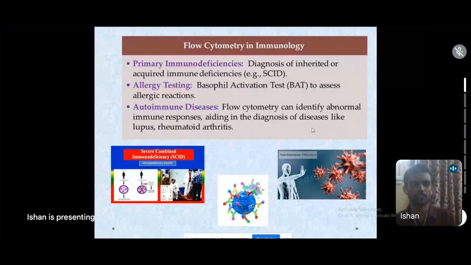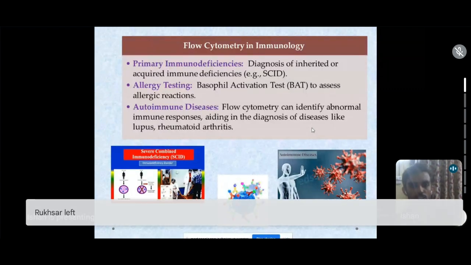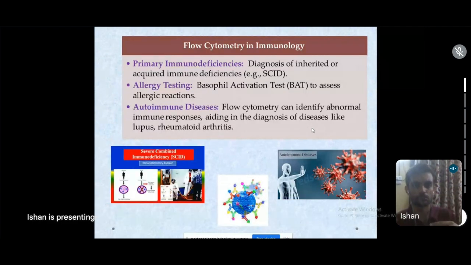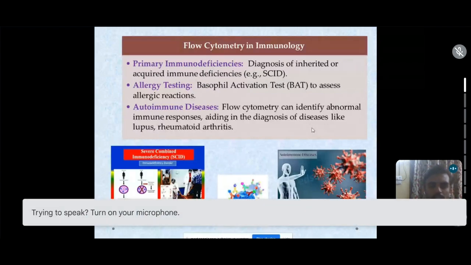Any kind of reaction where the immune system of our body gets activated is known as an allergic response. And the basophil activation test: there are cells in our body which respond as a part of our immune system, like the basophil, the eosinophil, the monocytes, the lymphocytes. So the basophil activation test is majorly used to detect allergic reactions.